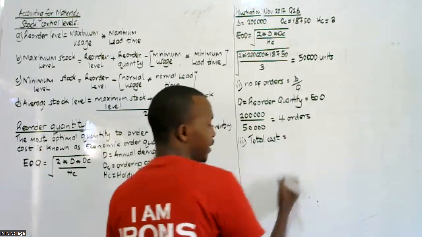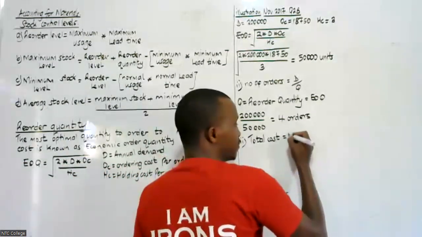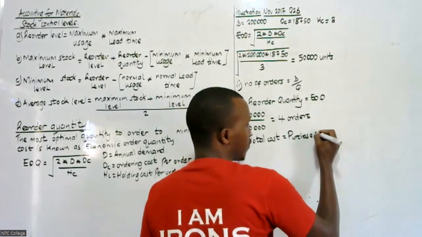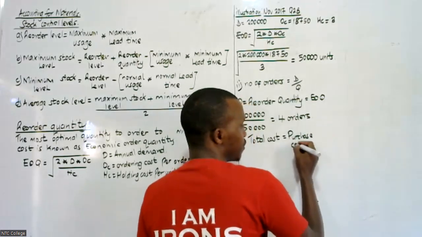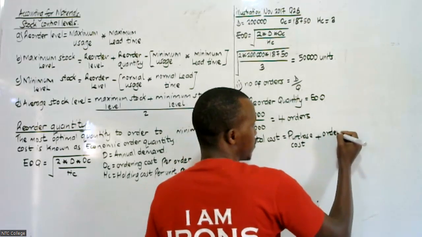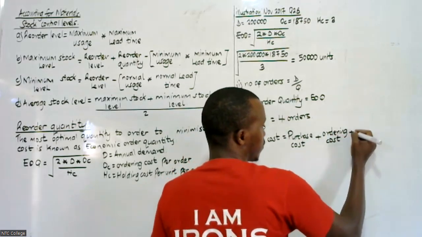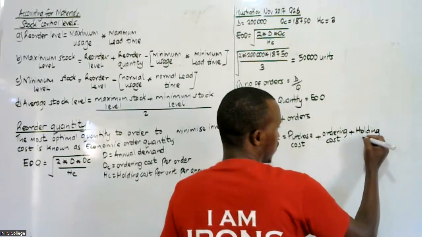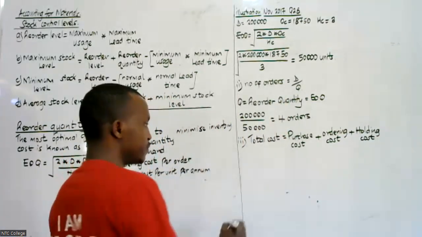is given by your purchase price, your purchase cost, plus ordering cost, plus holding cost.